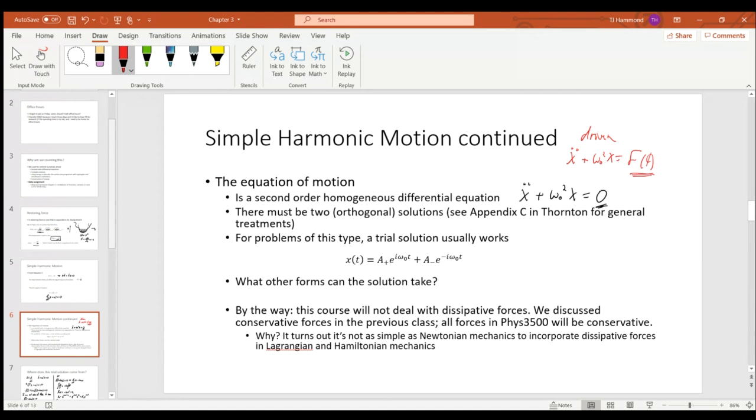So how you might have solved this in, say, a differential equations class is you would have a trial solution. You might think of some e to the pt.